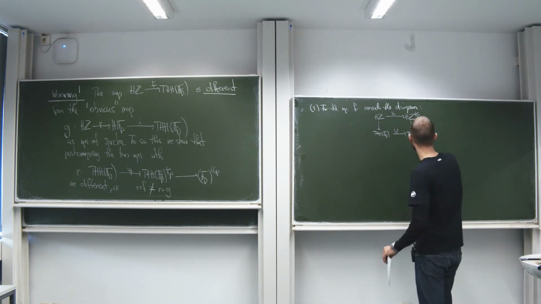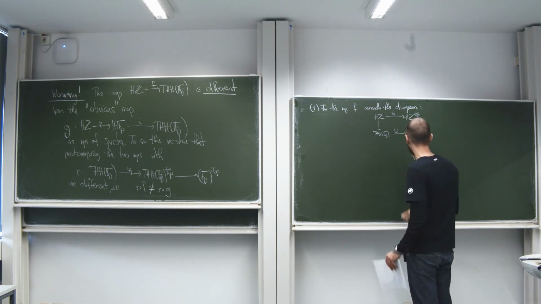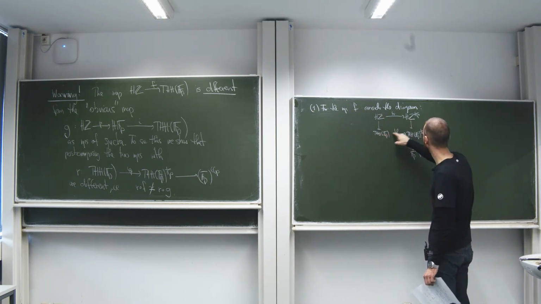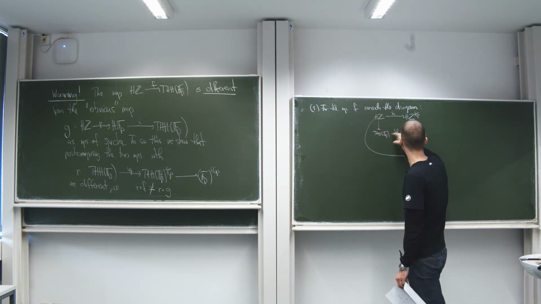And then of course we can also go down to FP Tate CP, right? And I guess this is our map R, so this outer composite is our map R.